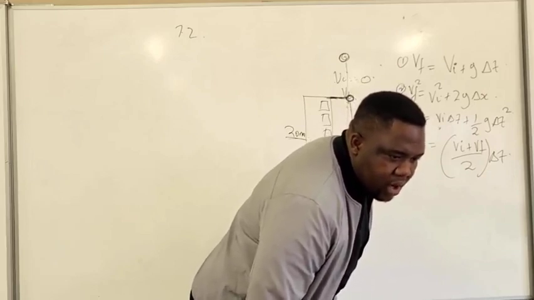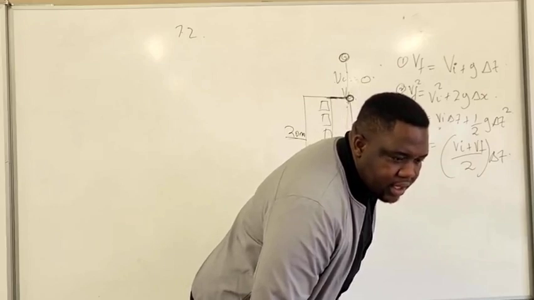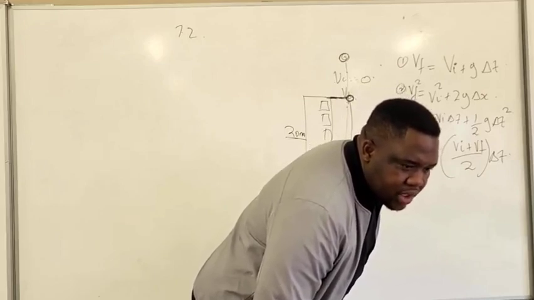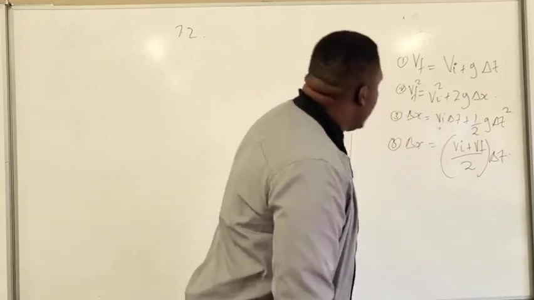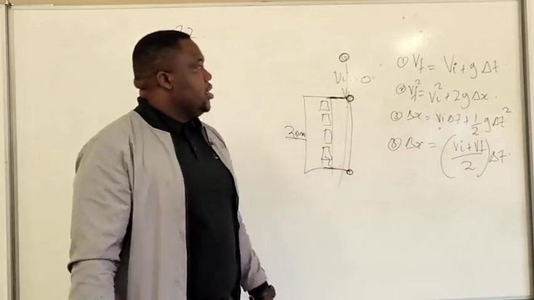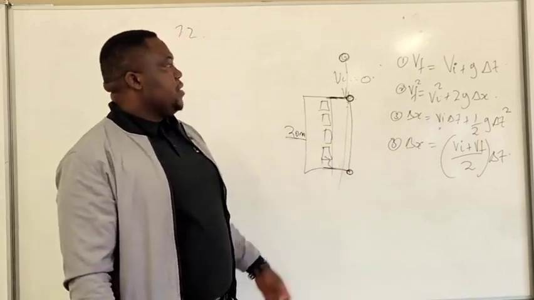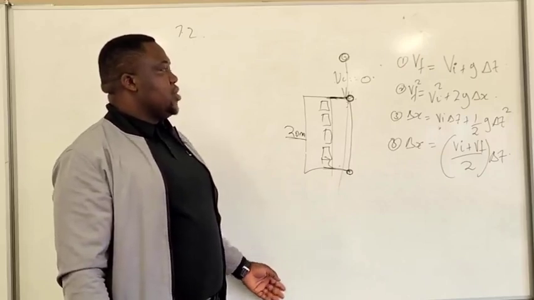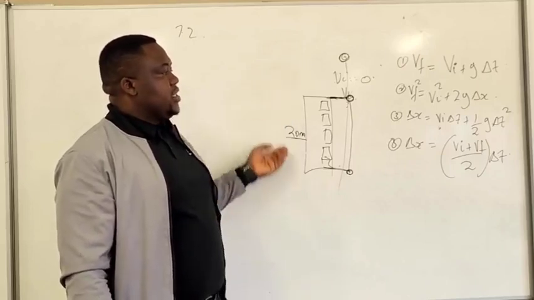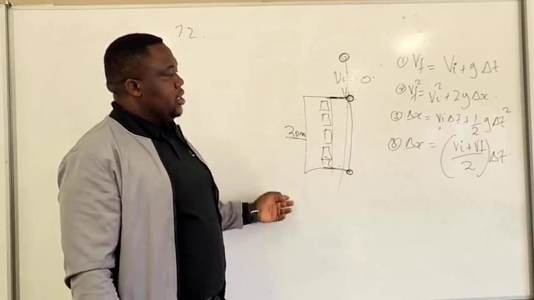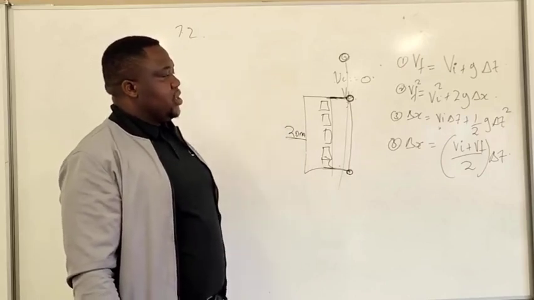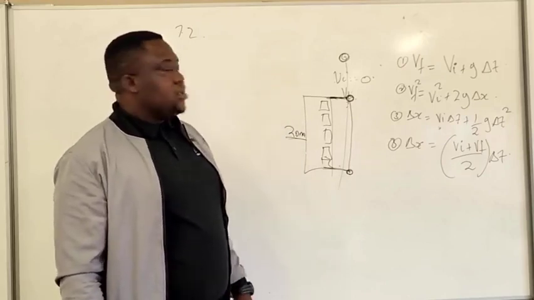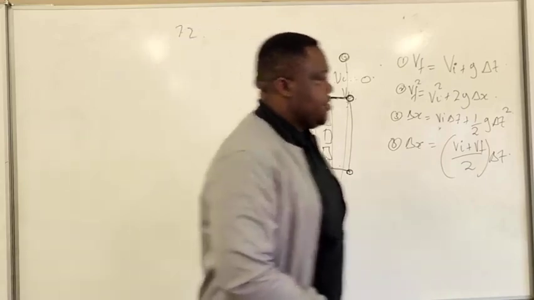Ignore the effect of air resistance. 7.2. Calculate the speed at which the ball hits the ground. We know that the ball's initial velocity is 0. The final velocity, that's what we want to calculate. We know the height that this ball traveled.